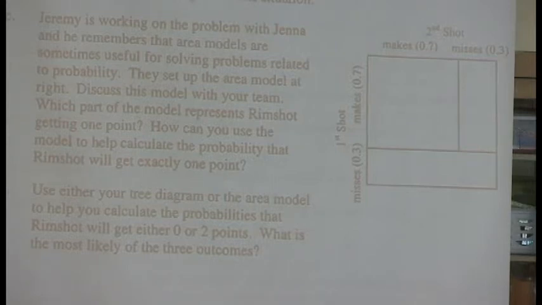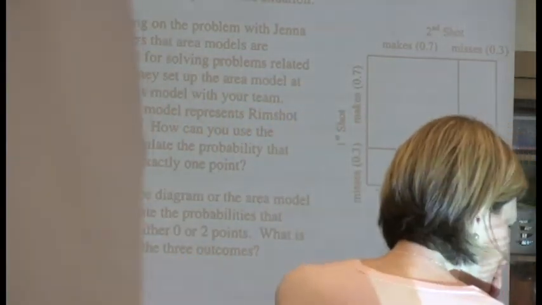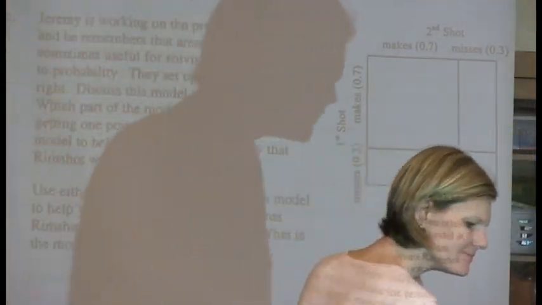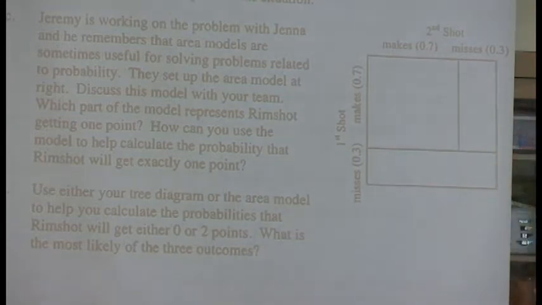No, hold on. So this is right if he gets 2 points, right? Because this is a make and a make. No, because 7 times 3 is 21. Right. Right.